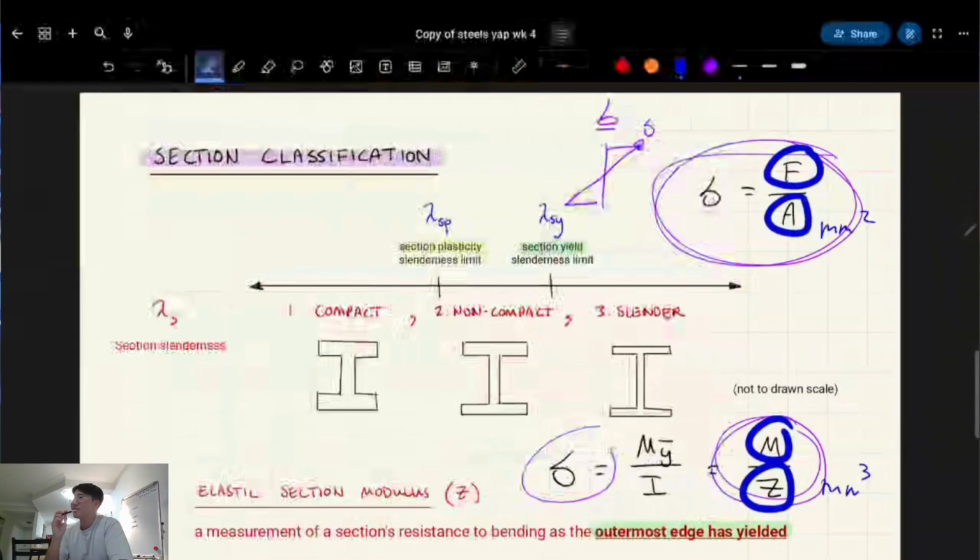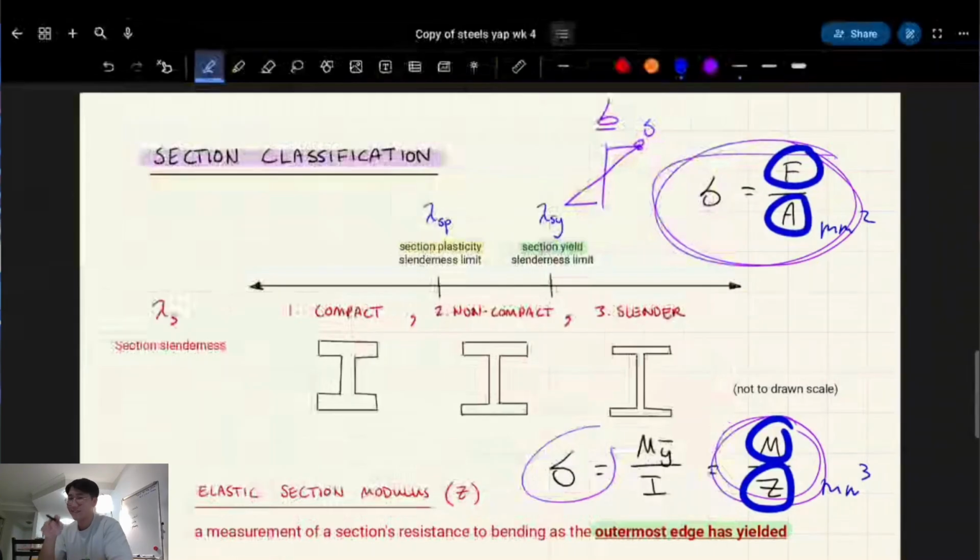That's just a mathematical quirk. You can think of it as F times D and A times D, but it might be more confusing. Your Z is just like, on the steel questions so far, what's the minimum area we need to satisfy this compressive requirement. Here we're going to ask what's the minimum Z we need.